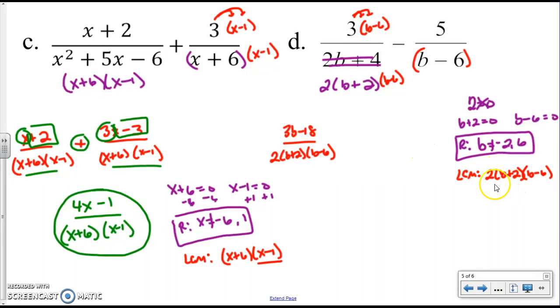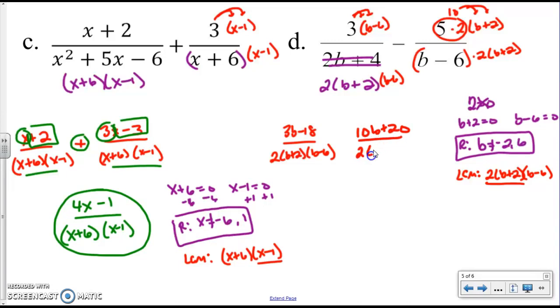For the second fraction, I have b minus 6, but I don't have the whole thing. So I'm going to multiply top and bottom by 2 times b plus 2. So this is really going to be 10, and I'm going to multiply it. So I get 10b plus 20 there. And then the bottom just has the whole denominator now.